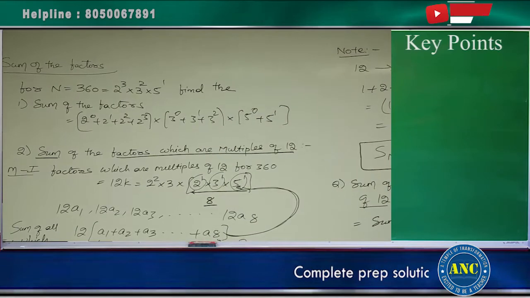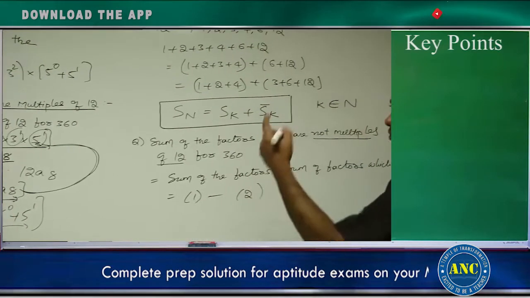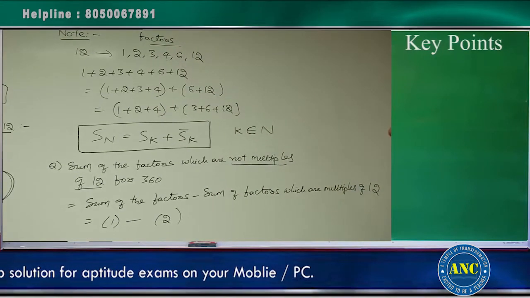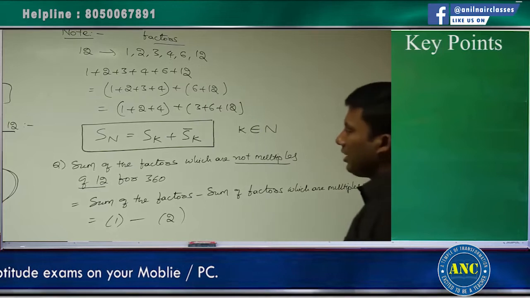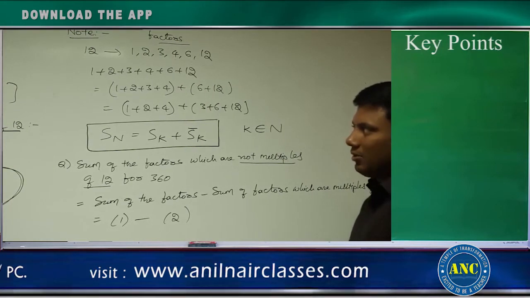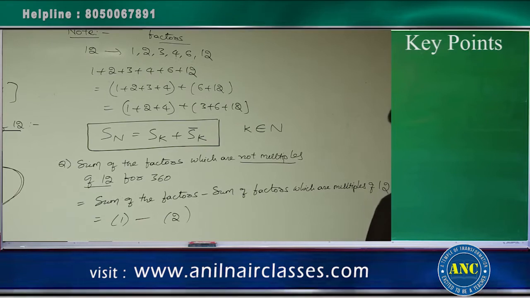So answer will be 1 minus 2, whatever the answer you got for 1 and 2. So if the question contains negation, sum of the factors which are not multiples of 12, k is a natural number. Idea clear?